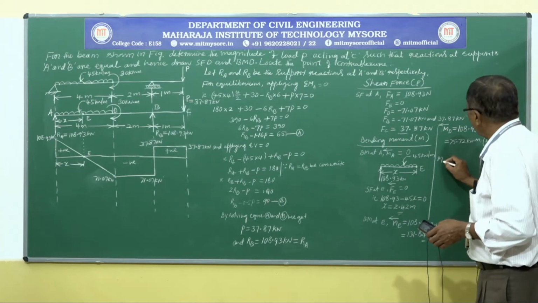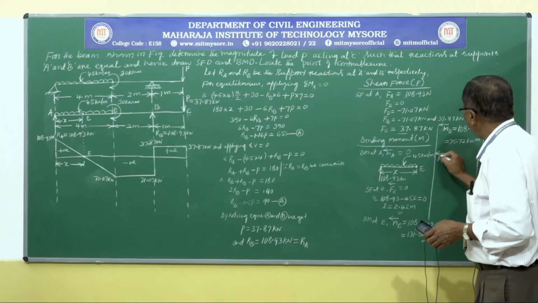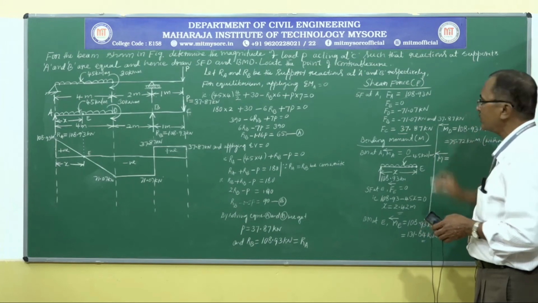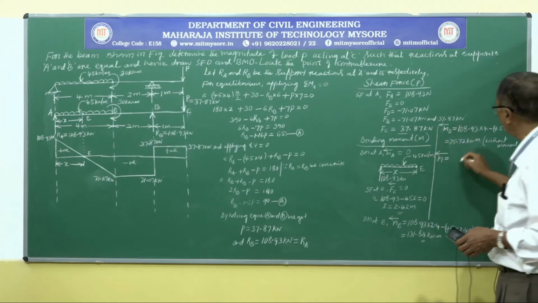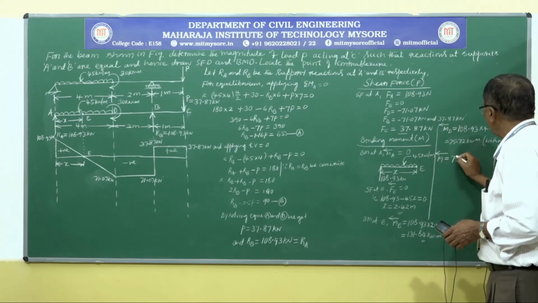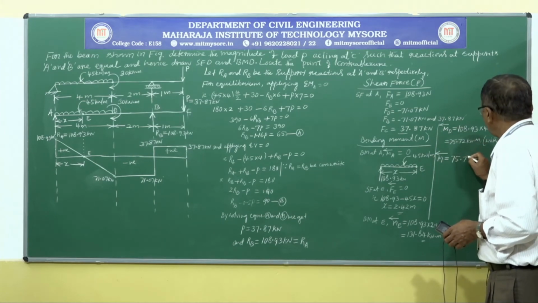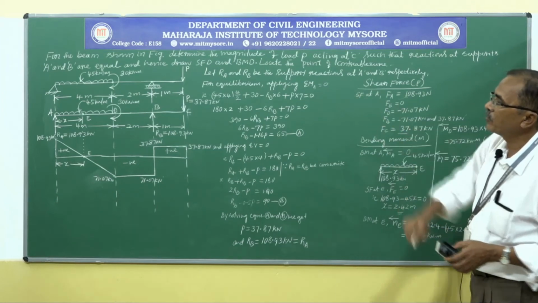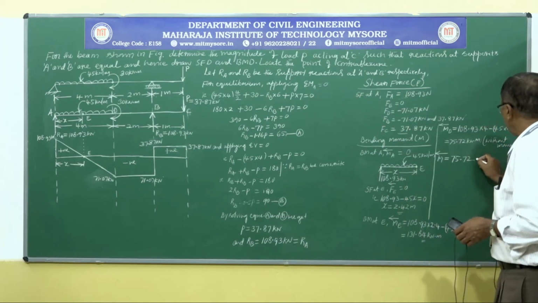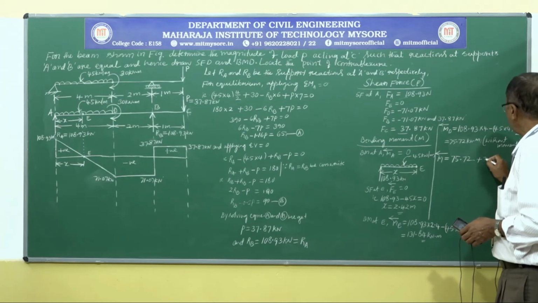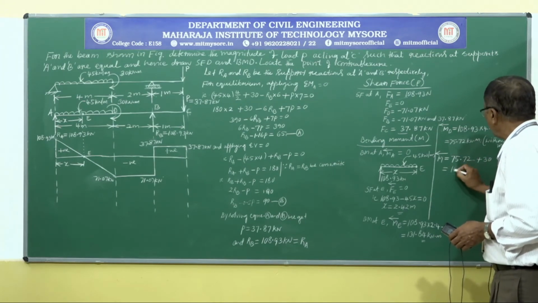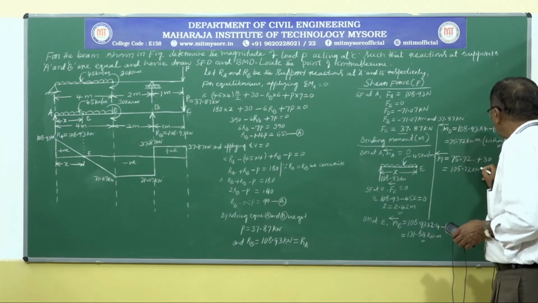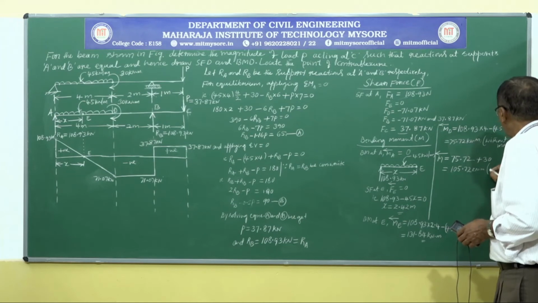Again, calculating bending moment at the external moment point by considering moment: the bending moment due to forces is positive 75.72, and also there is a clockwise moment at D, plus 30, that is equal to 105.72 kilonewton meter. This is with moment.